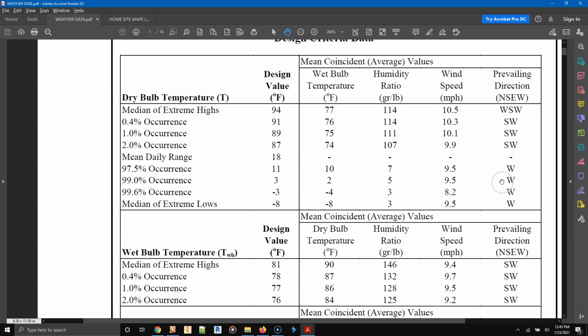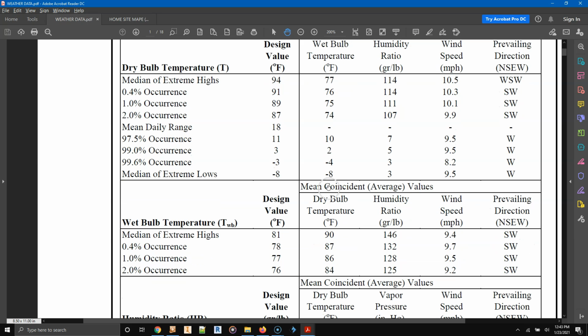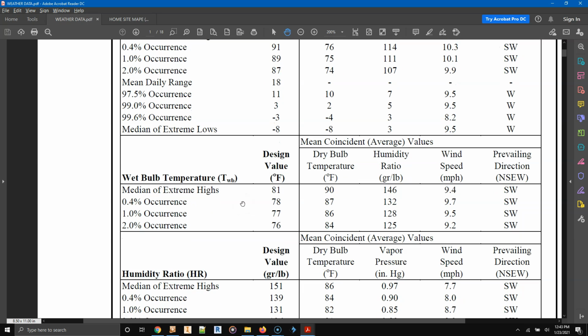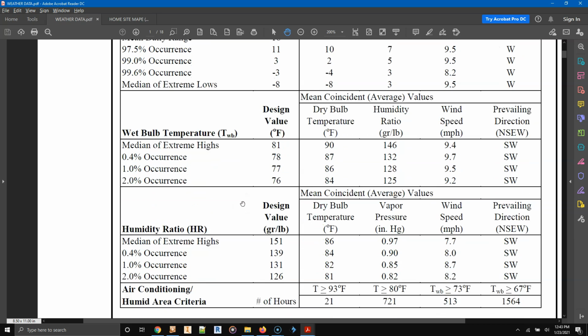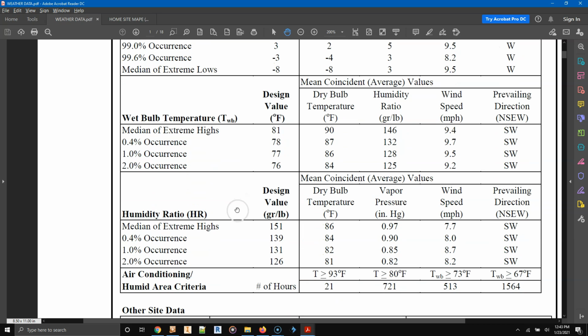So here you can see that we have some coincident values, means. So you look at this. Again, just like with the temperatures, be specific about where you're getting the data from. Describe it. So let's say you wanted to use according to the humidity ratio data, the prevailing winds are southwest.